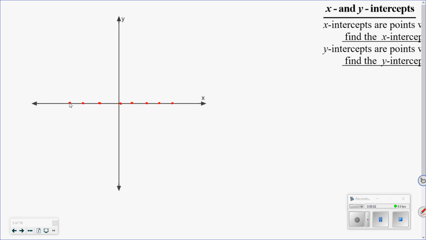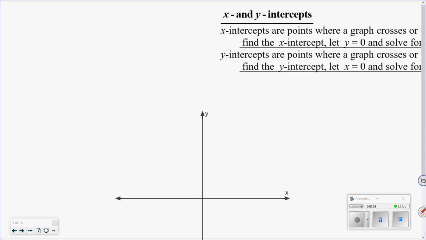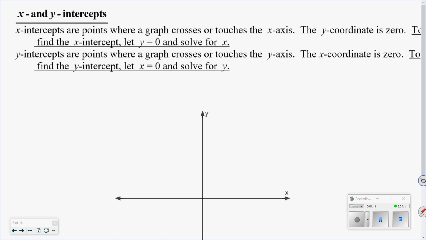If you're on the y-axis, finding the y-intercept, all those points have something in common. Again, what they have in common is that the x-coordinate is always 0. So that hopefully helps us understand how you find x and y intercepts. An x-intercept is where the graph crosses or touches the x-axis.